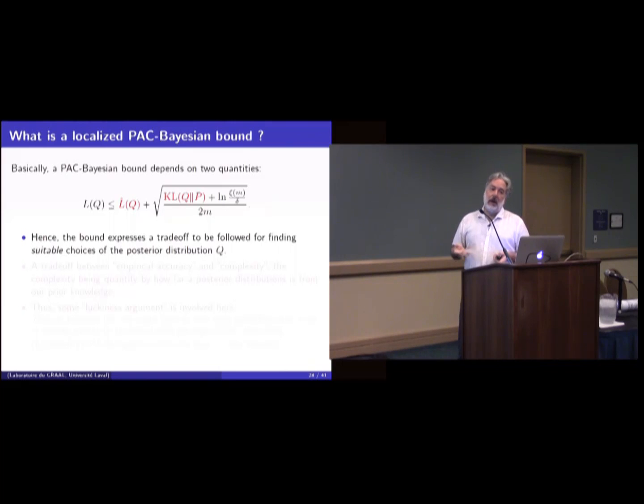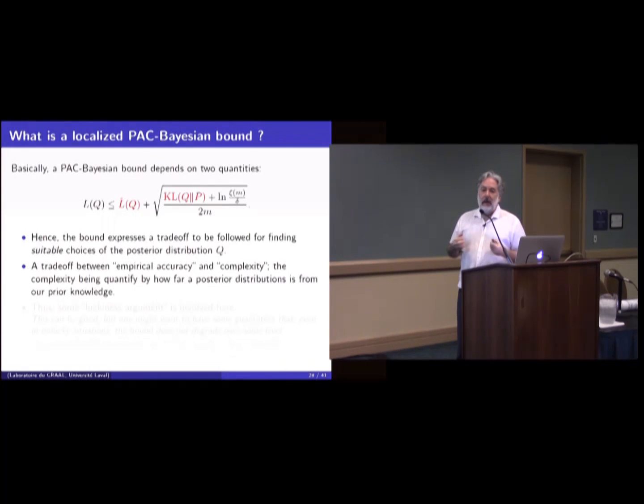Then the bound can be very, very, very big. Okay. So the bound says that you have to make a trade-off between empirical accuracy and complexity, the complexity being represented by the KL, if you want to have a good generalization, basically.